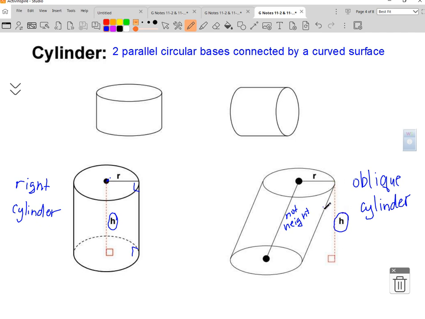So if this cylinder was standing on its base like this, how tall is it? You measure it from the ground perpendicularly. When we measure things, we don't measure them slanted from the ground, right? If I want to know how tall this bookshelf is, I don't stand out here and use the yardstick from here, right? I want to go from the floor up, straight up perpendicularly. But not this slanted line, that is not the height.